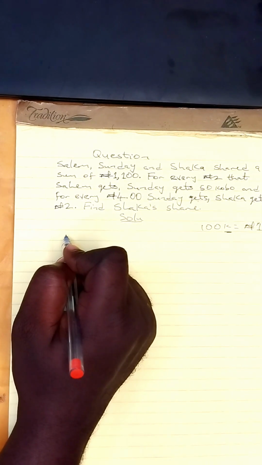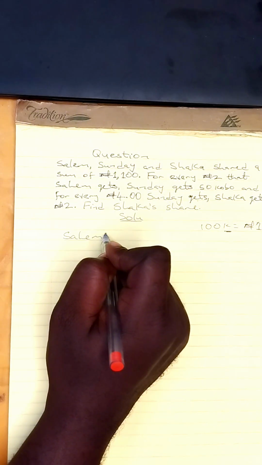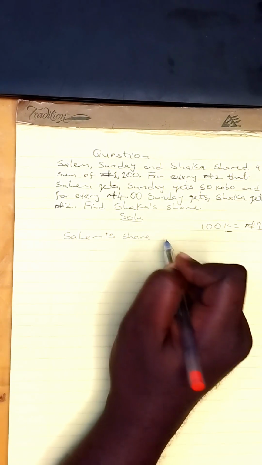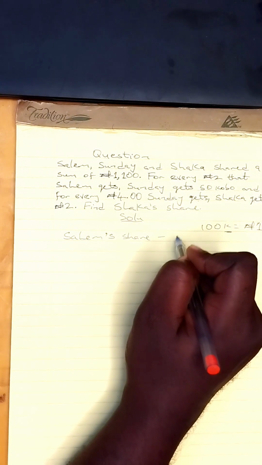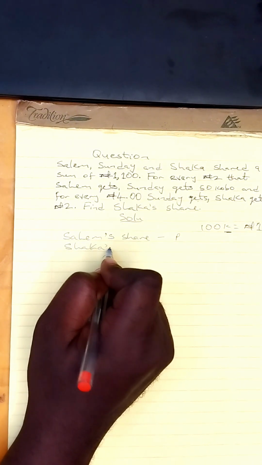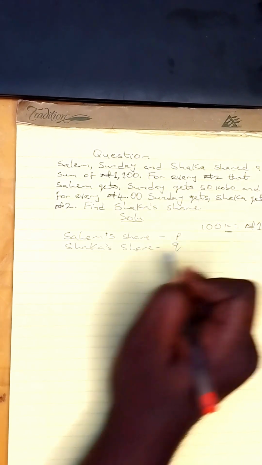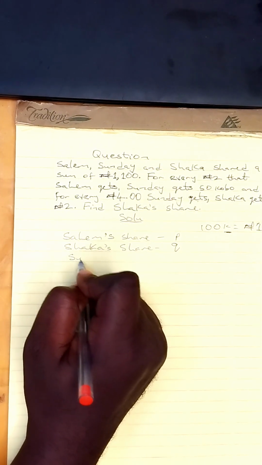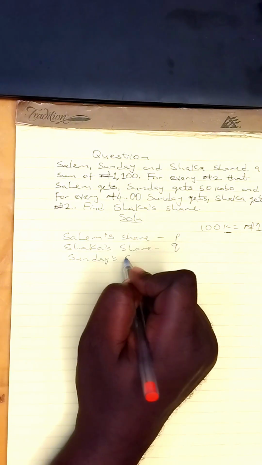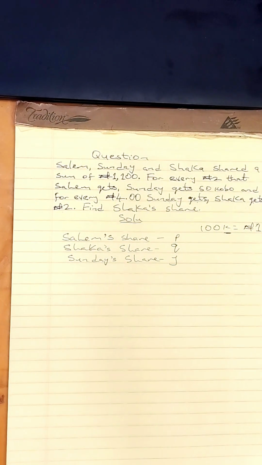Let Salim's share be called P, and Shaka's share be called Q, and Sunday's share be called what? Y. Good.